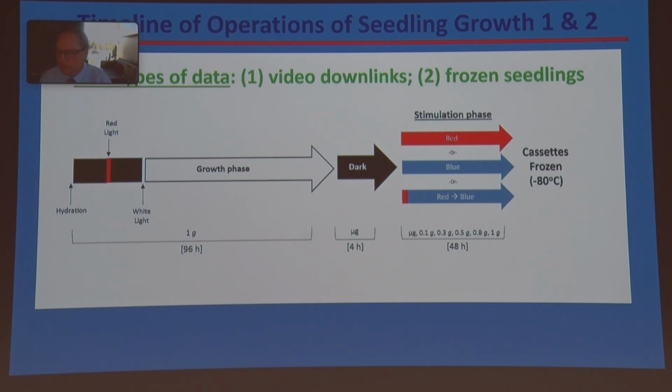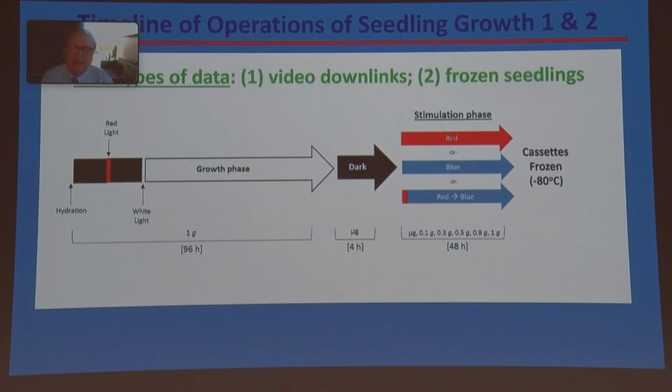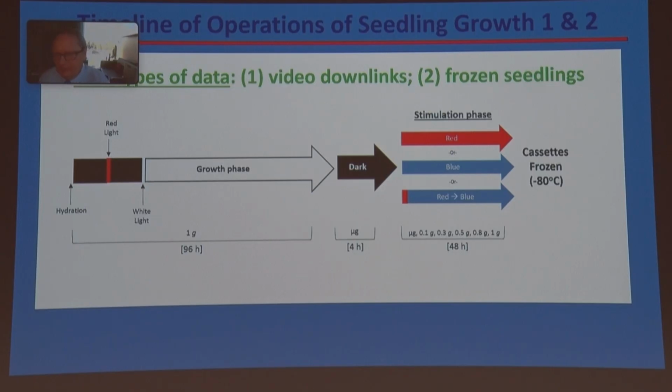A really important point here is that we end up with two types of data from these experiments. We get video downlinks, which are real-time or near real-time from the ISS. And at the end of the experiment, the seedlings are frozen and they're brought back to Earth for biochemical molecular analysis.